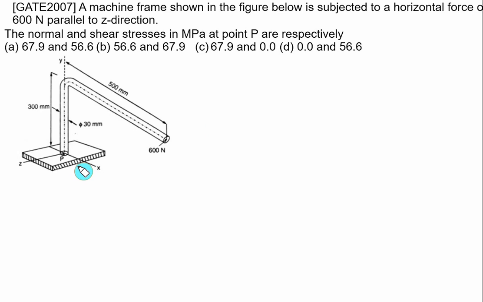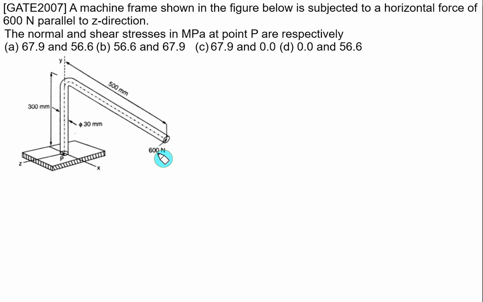A machine frame shown in the figure below is subjected to a horizontal force of 600 Newton parallel to the Z direction. The normal and the shear stress in megapascal at point P you have to calculate. In that case, you have to shift this force to the point here.